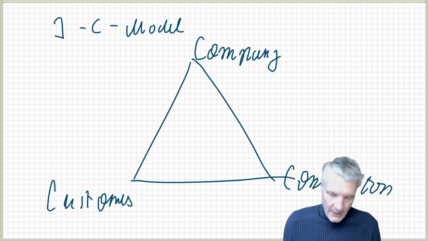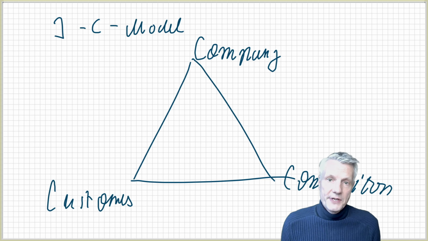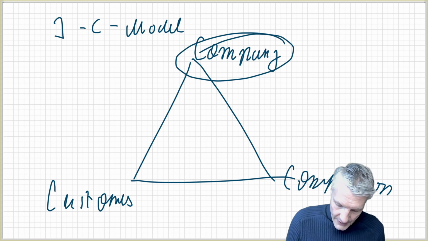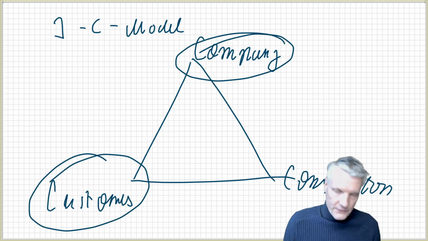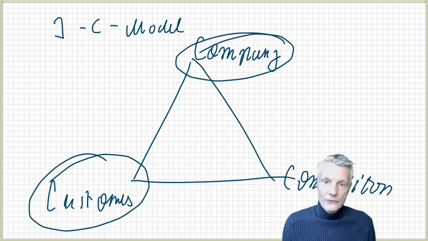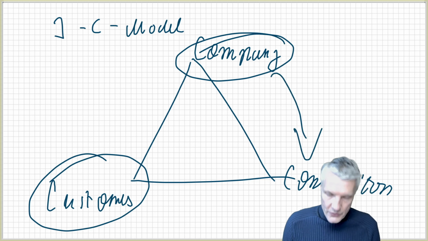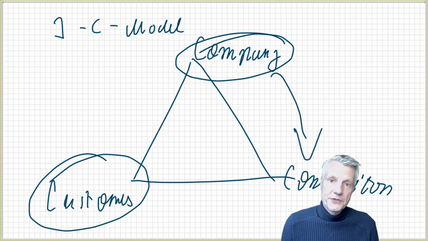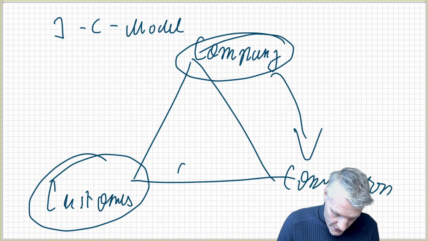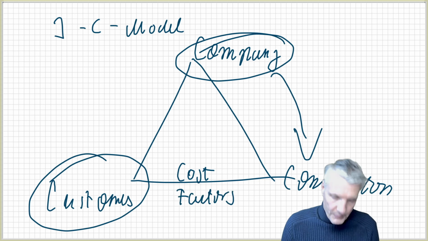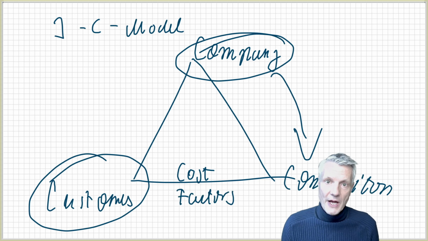Now, this 3C model looks at my company from the perspective of the customers, and I may have, in relation to competitors, a differential advantage, which comes through cost factors. So for example, because I mass produce products, I have a comparative cost advantage. So this is a strength over competitors, as seen from the customer's perspective.